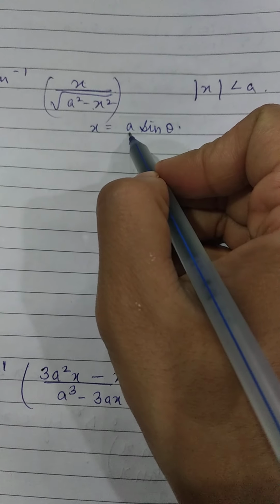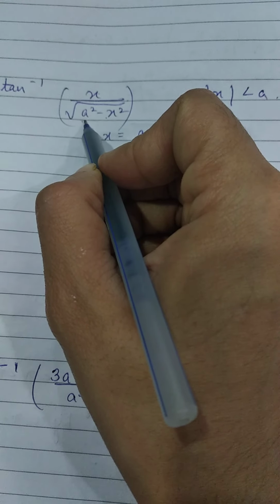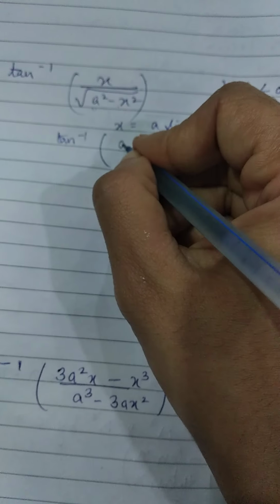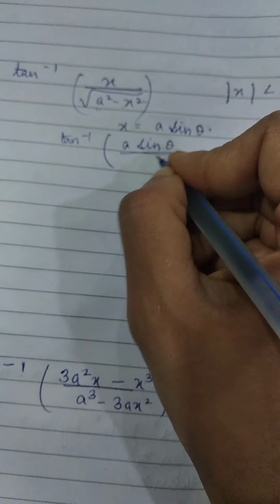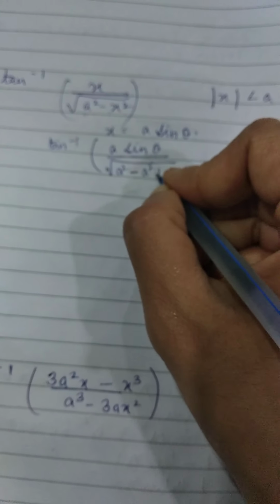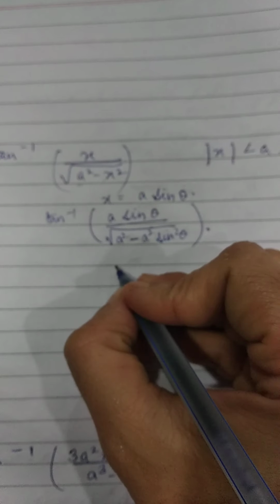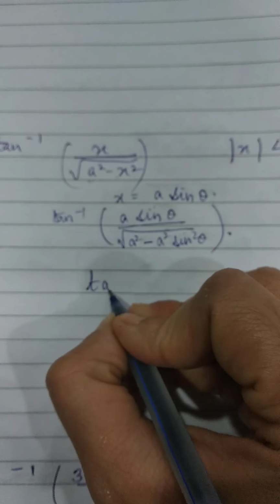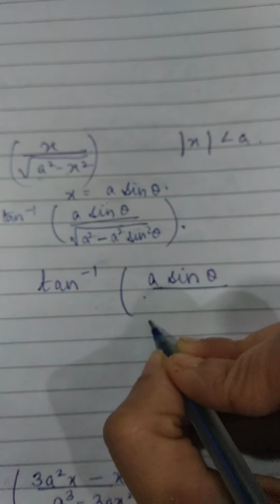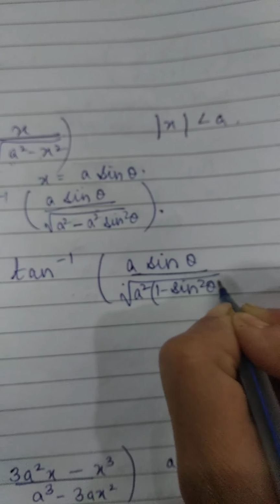Right? Why am I taking a sine theta? Because I don't have a numerical value here. I have a constant a square, right? So that gives us a hint. So tan inverse, this is a sine theta upon under root of a square minus a square sine square theta, right? So we have a sine theta upon under root of a square common, 1 minus sine square theta.